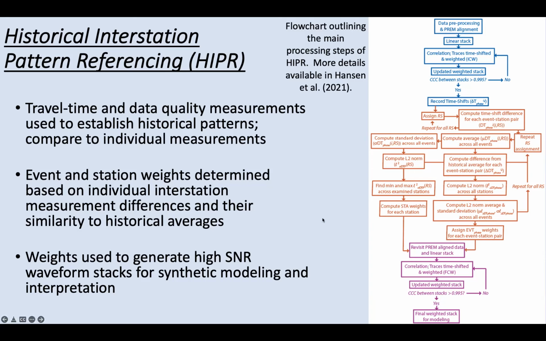By taking the individual interstation measurement differences, compared to these historical averages, we can develop both event and station weights that better reflect the quality of our data. Those weights are then used to weigh the individual PCP waveforms to generate really high quality PCP waveform stacks, which we're using for modeling and interpretation of ULVZ structure.